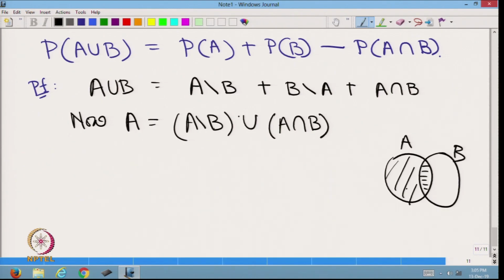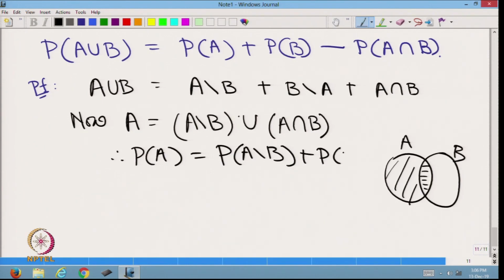So, this is A minus B and this is A intersection B, and these are disjoint. Therefore, probability of A is equal to probability of A minus B, which is a set difference, you should not forget that, plus probability of A intersection B, since these are disjoint.